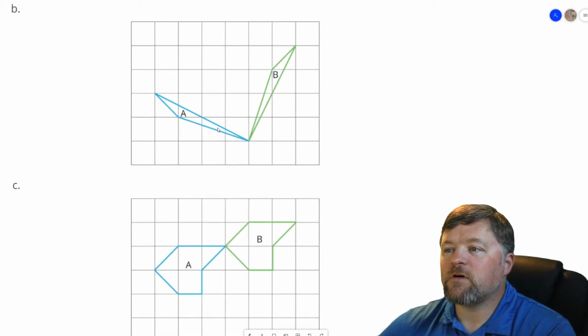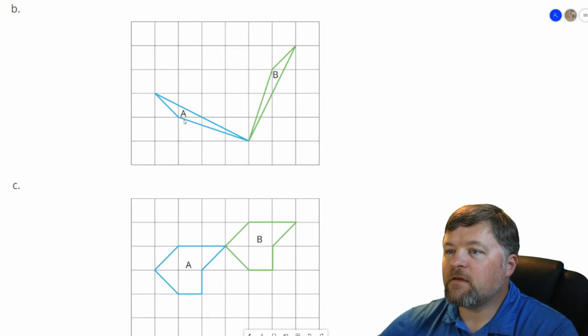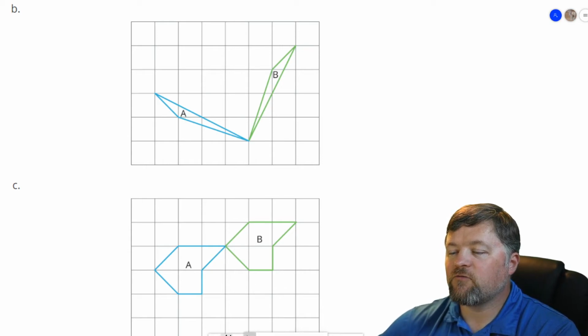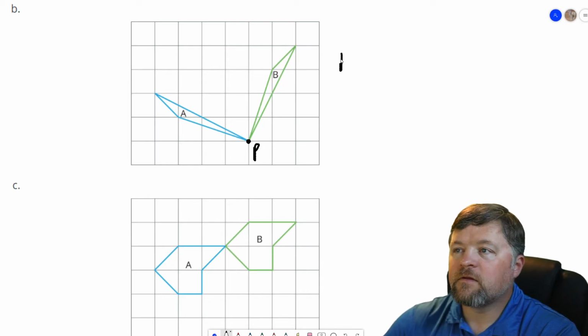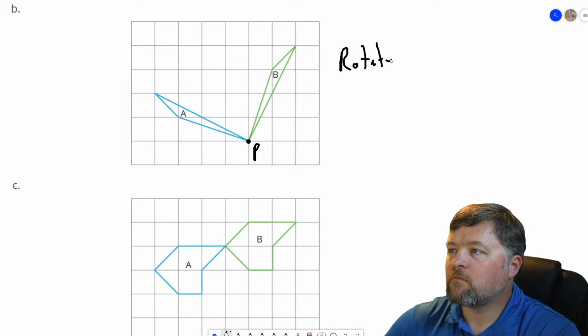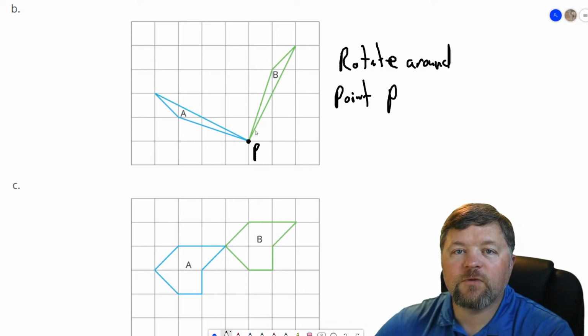Now our next one, A and B, how do we get figure A onto figure B? This one is a rotation, it looks like. I would rotate it around this point. Let's call that point P. Rotate around point P. Now, how much do we need to rotate it?